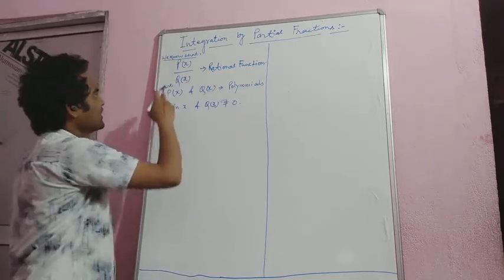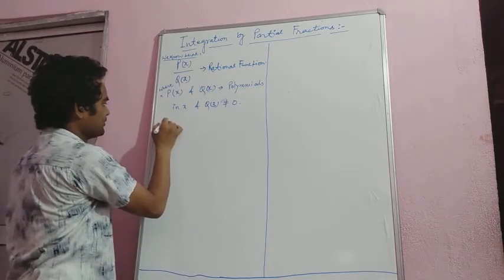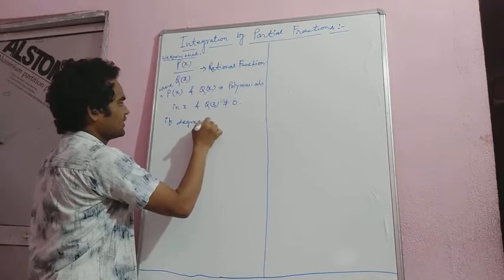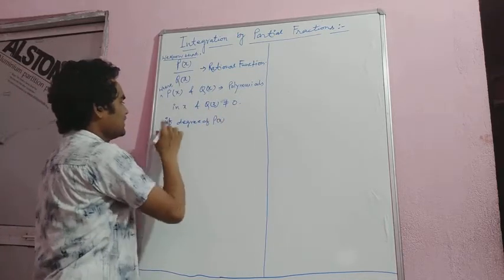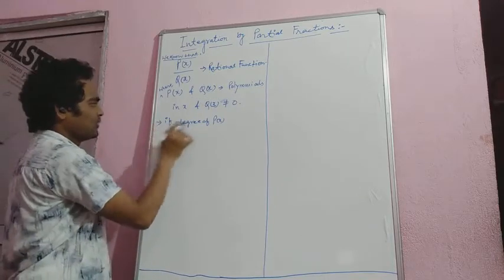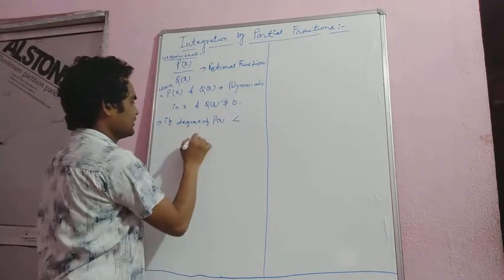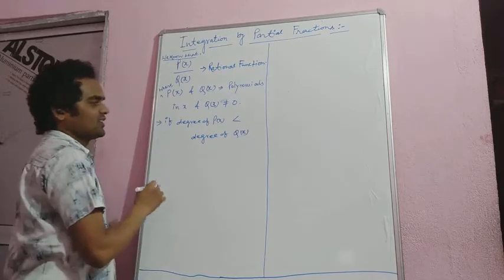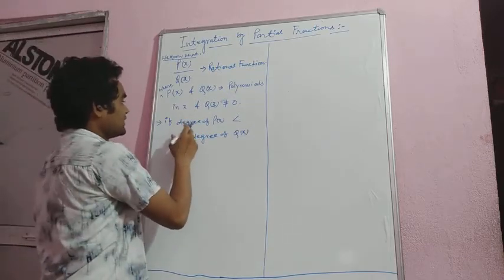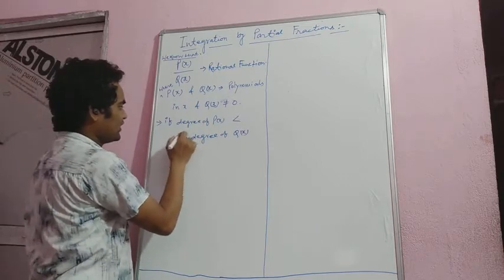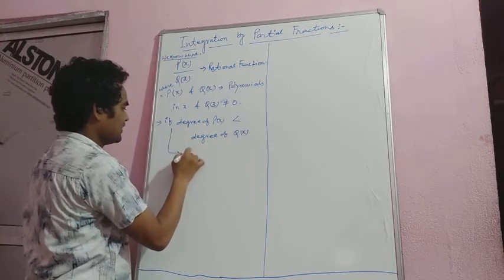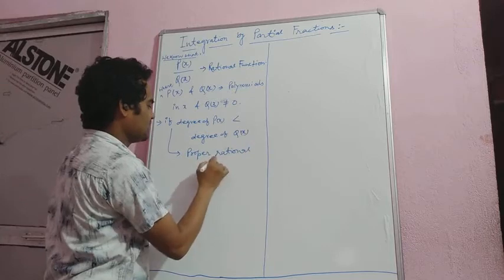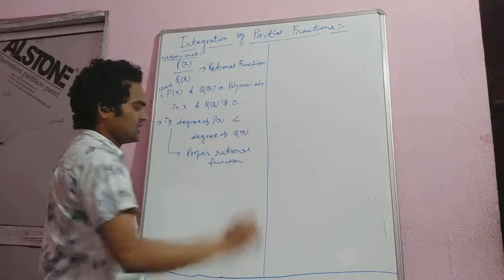Now students, if the degree of p(x) is less than the degree of q(x), then such a rational function is called a proper rational function.